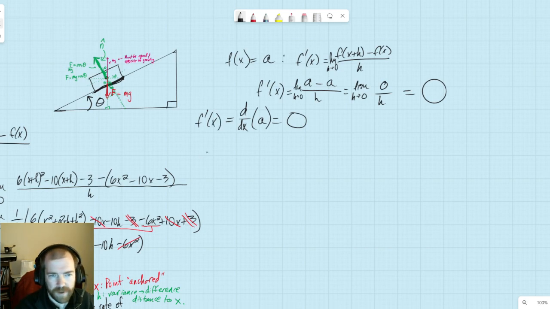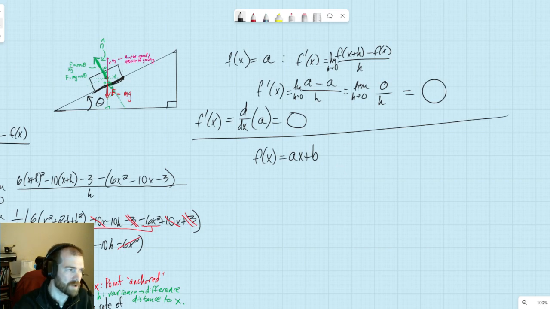We'll also do that. Okay, well then, if f of x equals ax plus b, right, start with a polynomial. Do the linear thing.